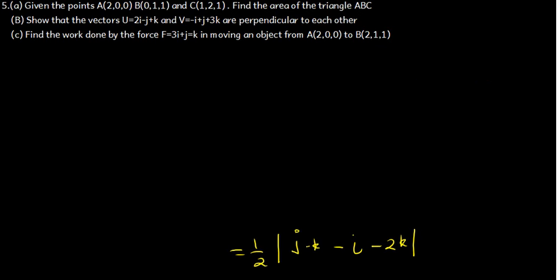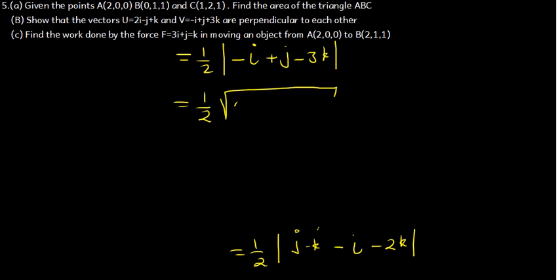We can proceed, and this is going to give us 1 over 2. We add the like terms. First we have negative i, we have positive j, negative k, and negative 2k. That will give us negative 3k. And this is going to be equal to 1 over 2. We get now the modulus of that.